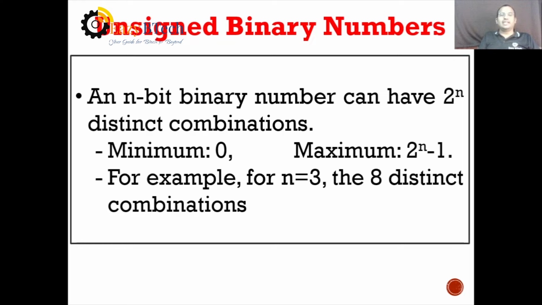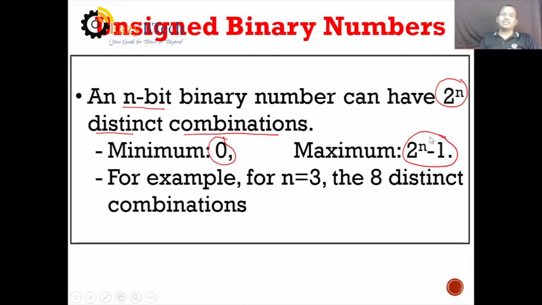If you take an n-bit unsigned binary number, it can have 2 power n distinct combinations. The minimum number that we can represent is 0, whereas the maximum number that we can represent is 2 power n minus 1.